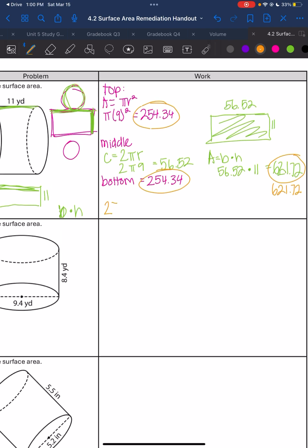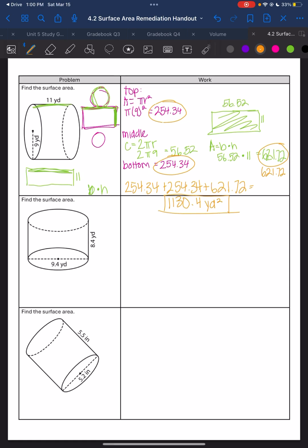Okay, so 254.34 plus 254.34 plus 621.72. And I get 1,130.4 yards squared.